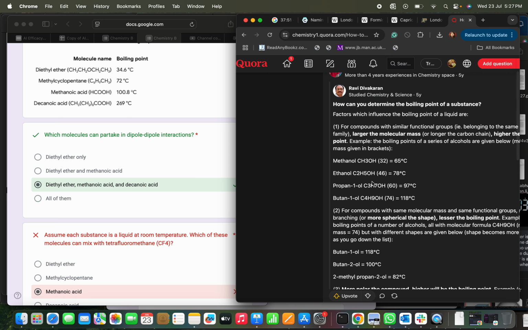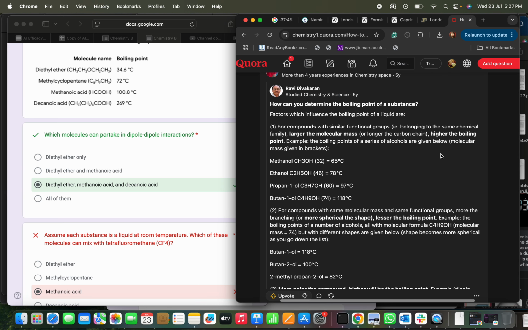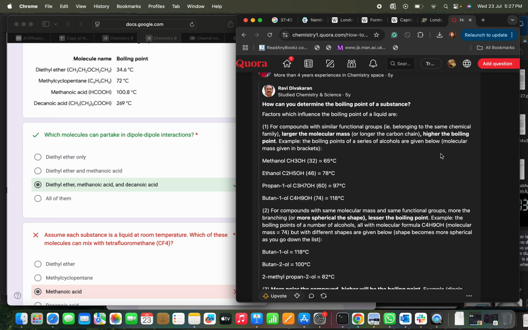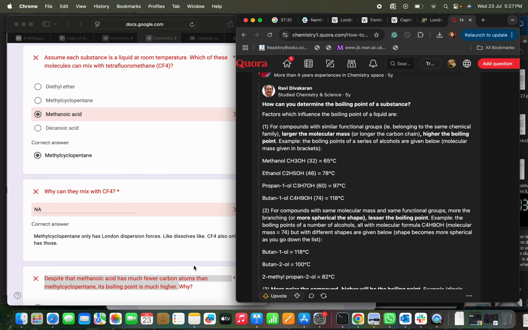How can you determine the boiling point of a substance? Factors which influence it: for compounds with similar groups, that is, belonging to the same family, the larger the molecule, the longer the carbon chain, the higher the boiling point. Propanol has 3 carbon atoms. Well, that's what they asked, right?